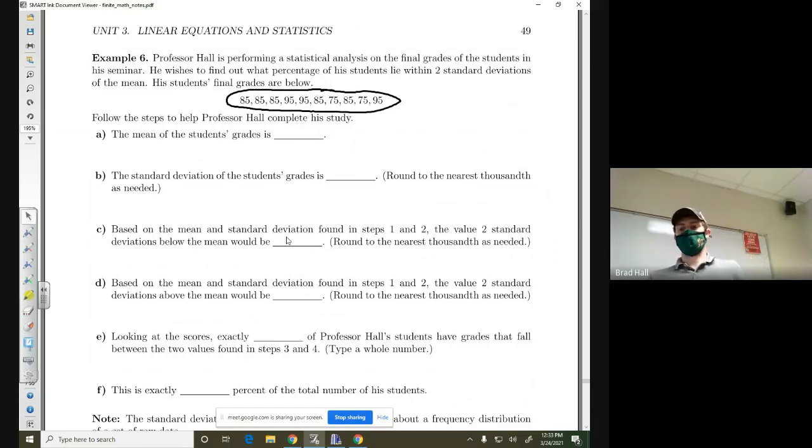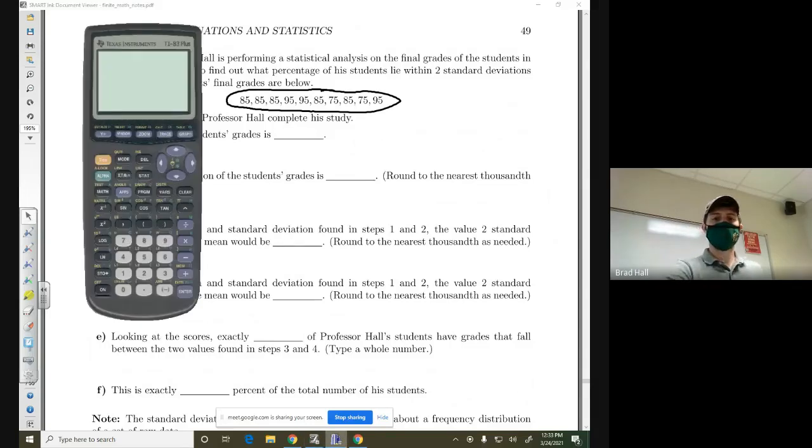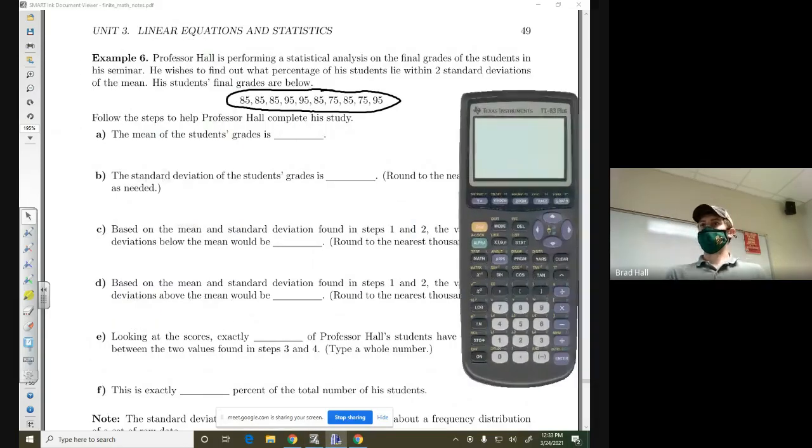And naturally, with a data set, this normally encourages the use of technology. And this is further supported by them first asking for the mean and the standard deviation, which we can go ahead and quickly find out. So go ahead and take out your calculators. Let's go ahead and figure this one out right fast.